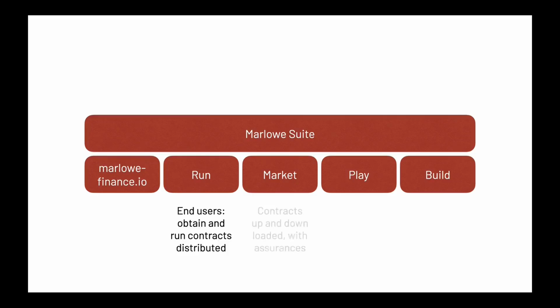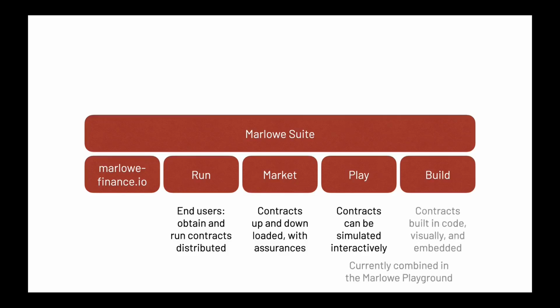We're also building a market where contracts can be uploaded, downloaded, and where we can provide various kinds of assurance about those contracts. We allow contracts to be simulated interactively, and we call that Marlowe Play, and we allow contracts to be built in various different ways, and we call that Marlowe Build. Now, in fact, what we've done at the moment is bundle those two, Marlowe Play and Build, into what we call the Marlowe Playground.